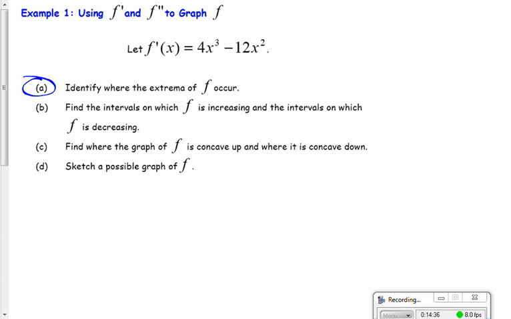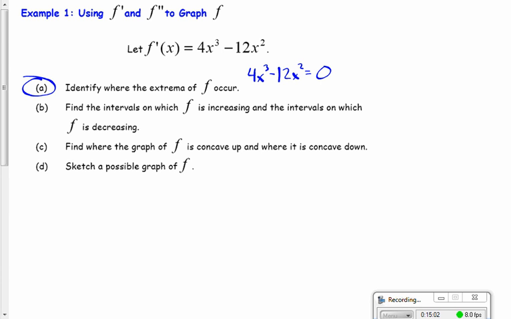Set what equal to 0? F prime equals 0. So to identify where extrema occur, I'm going to say that 4x cubed minus 12x squared equals 0. Why did I do the equation given instead of the derivative of the equation given? Because they already gave us f prime. Good.